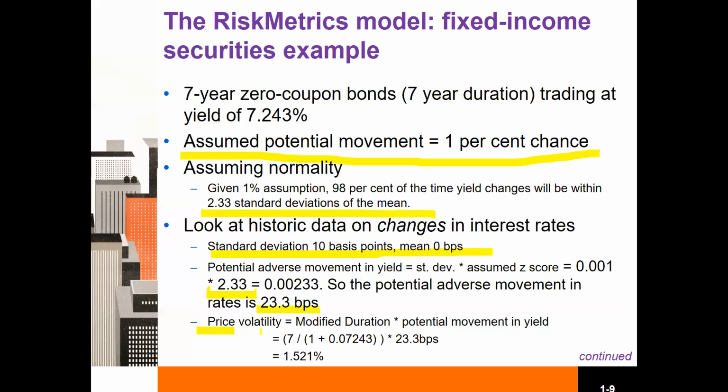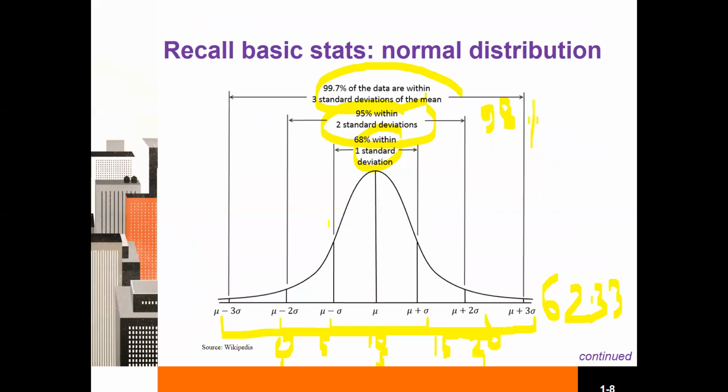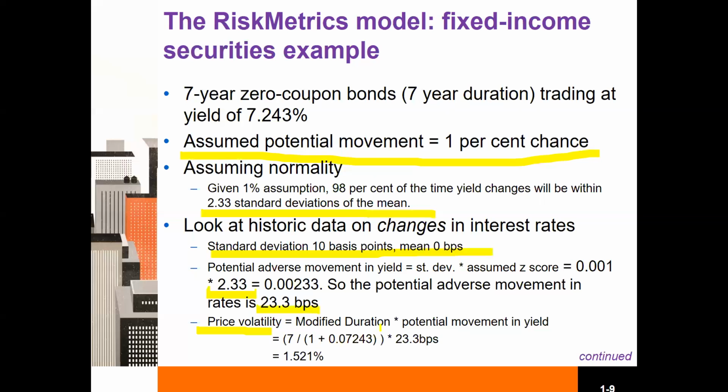Now, how do we calculate price volatility then? You can remember the formula for price volatility is modified duration multiplied by the adverse daily move. We already know how to calculate modified duration: the maturity divided by 1 plus the interest rate. As I said, there is a 1% chance that the change will be this 23.3 basis points.